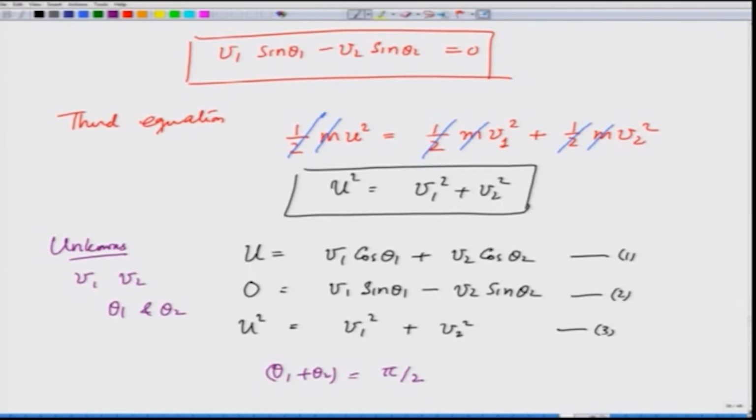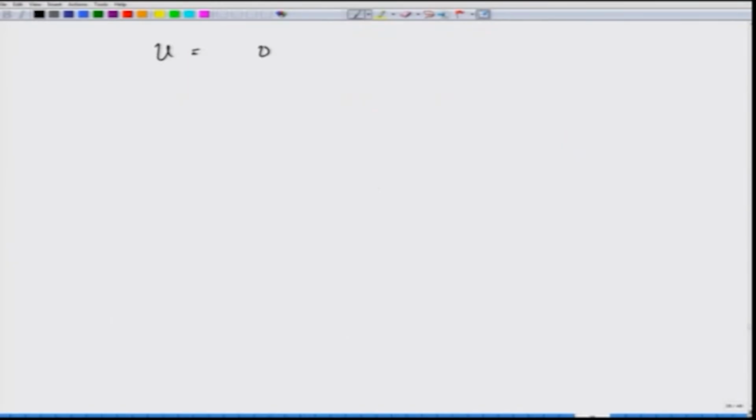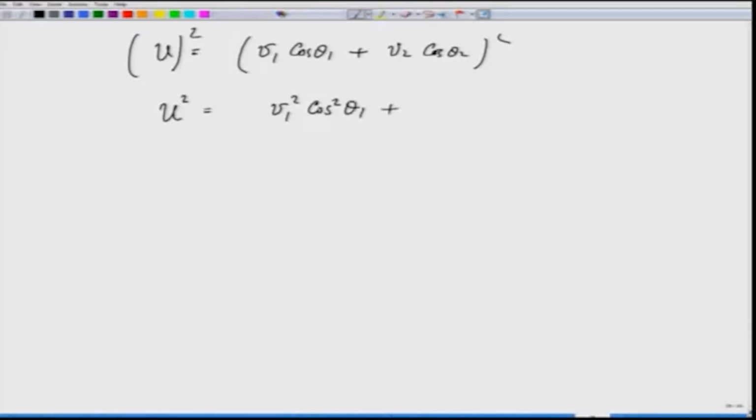I square u equals v1 cosine theta 1 plus v2 cosine of theta 2. I square the left hand side, I square the right hand side, and I get u square equals v1 square cosine square theta 1 plus v2 square cosine square theta 2 plus 2 v1 v2 cosine of theta 1 cosine of theta 2.